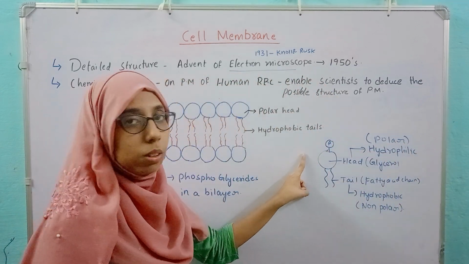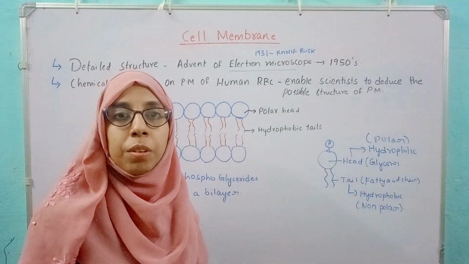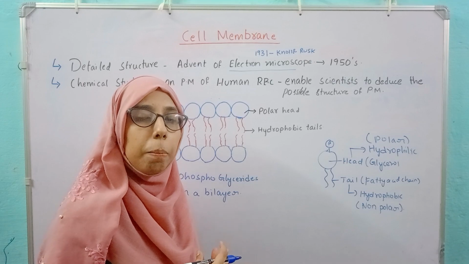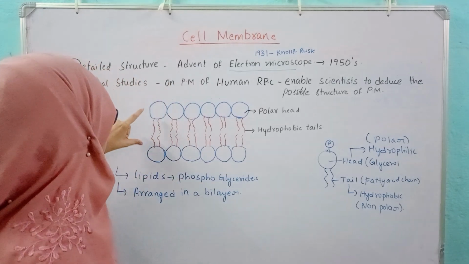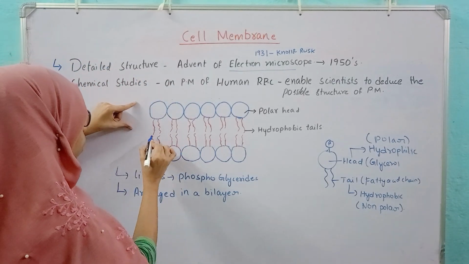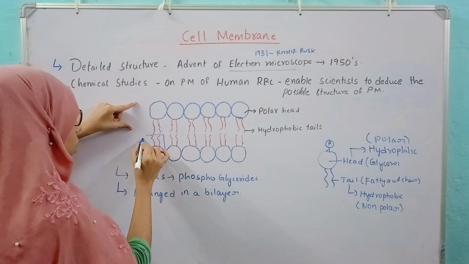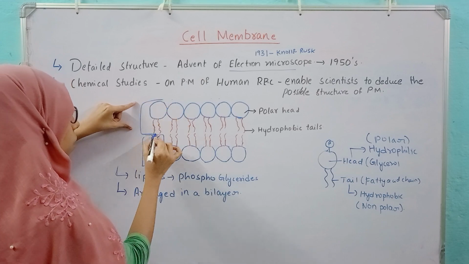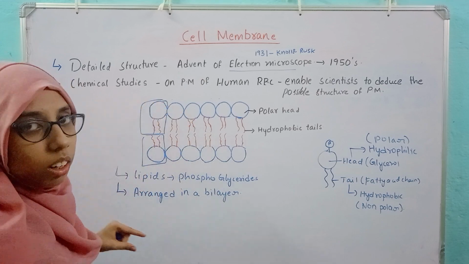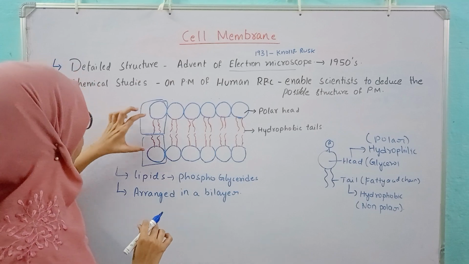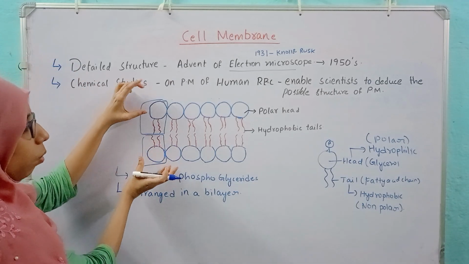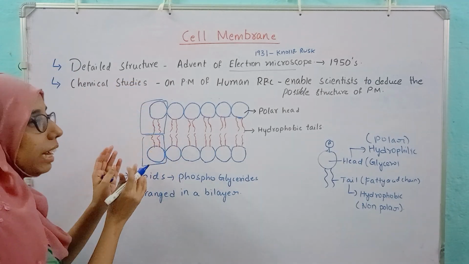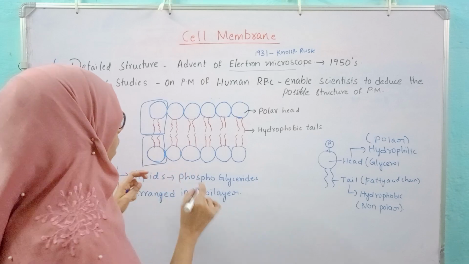So these molecules are arranged in a bilayer, and let's see how they are arranged in the plasma membrane. This is one molecule of lipid, and this one is another molecule. You can see that the heads are present on the outer side, whereas the tails are present towards the inner side.